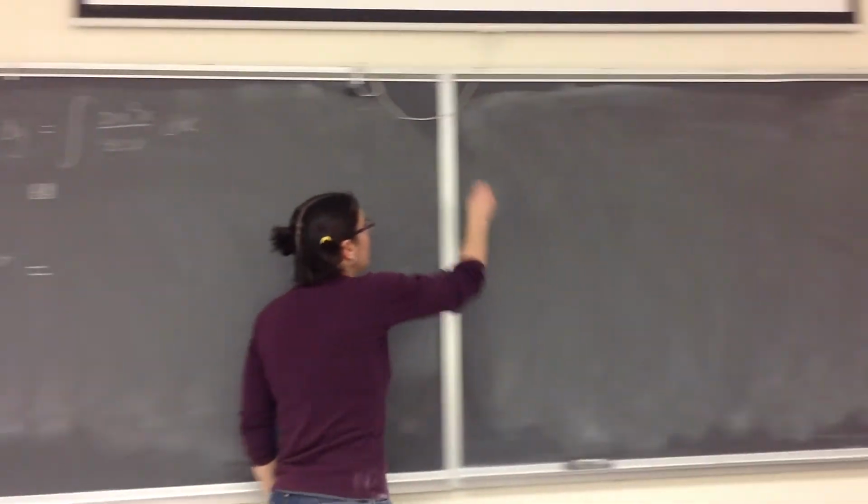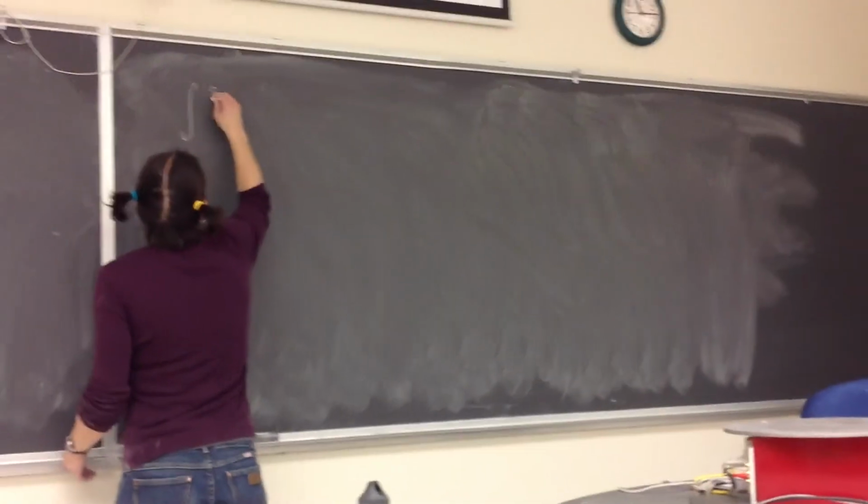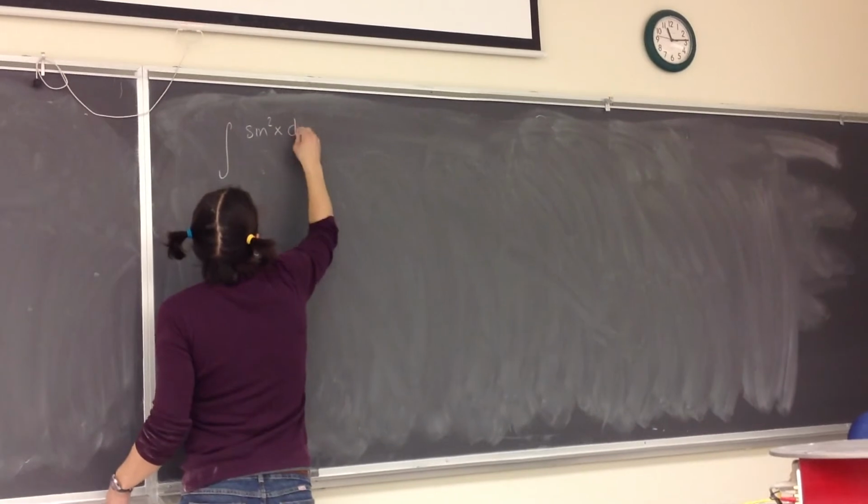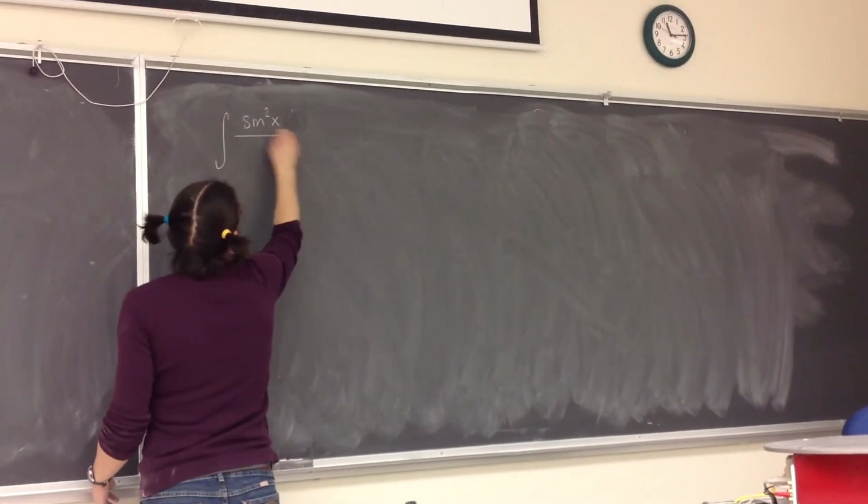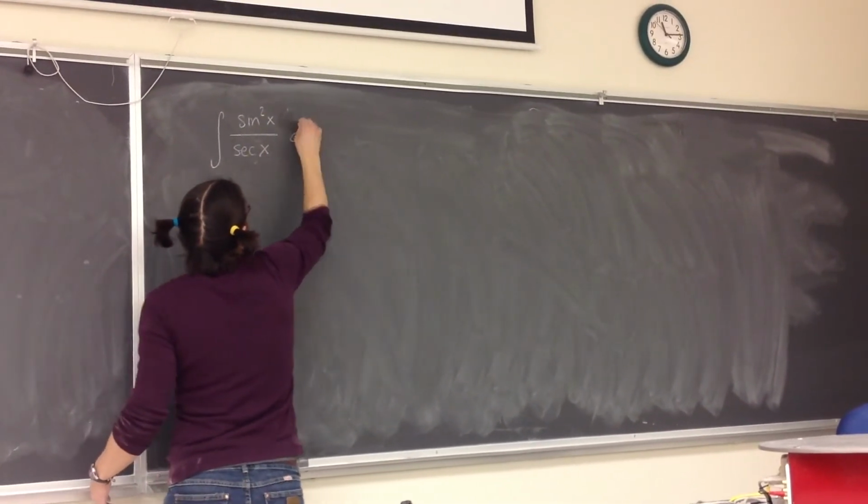All right, so our right-hand side looks like the integral of sine squared x dx, or sine squared x over secant x dx.